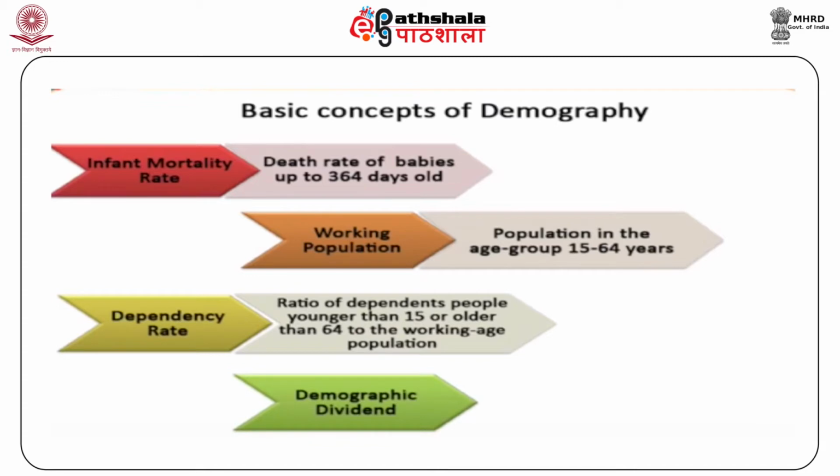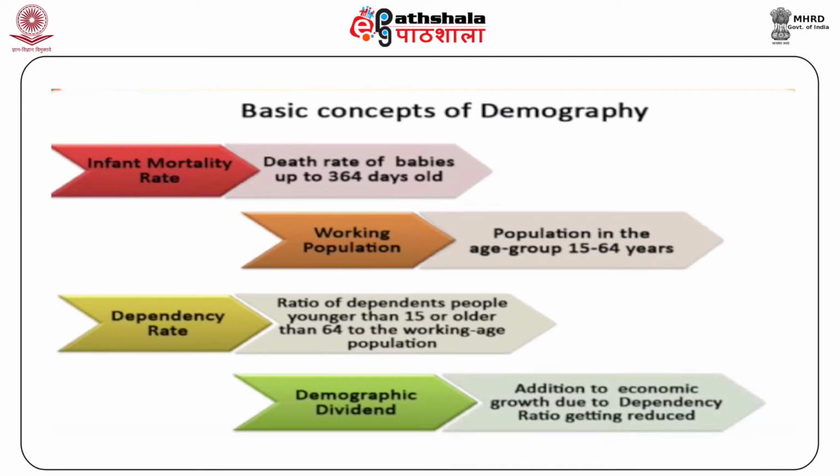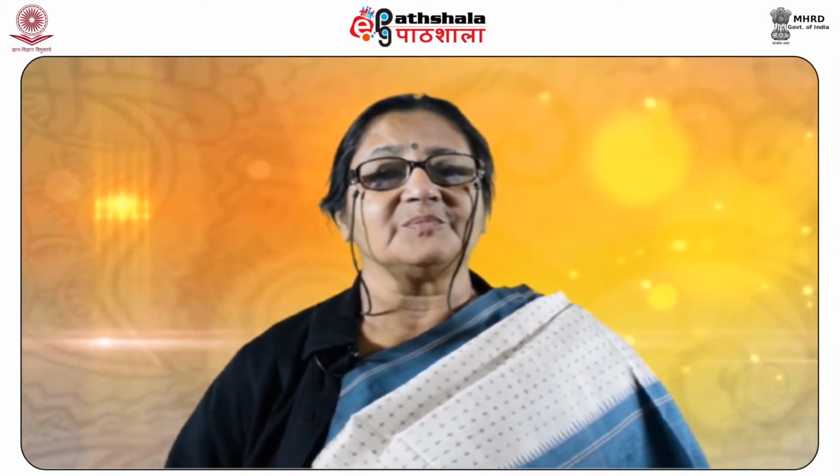Demographic dividend is the addition to economic growth due to dependency ratio getting reduced and the proportion of working population getting increased. The first ever population head count or census started in 1867 under the East India Company.